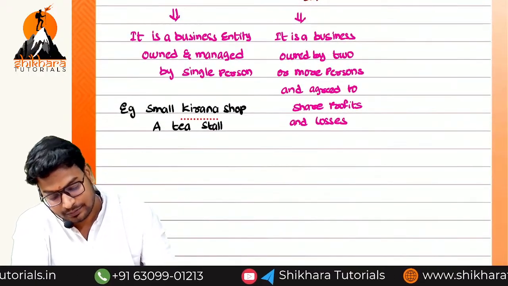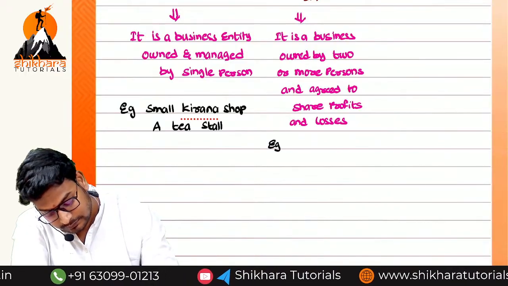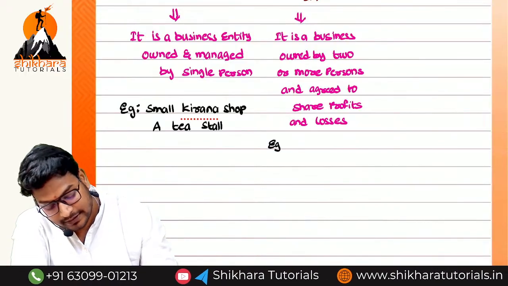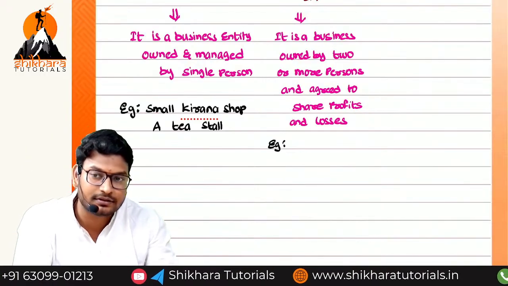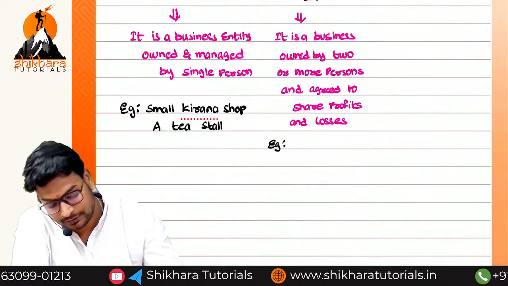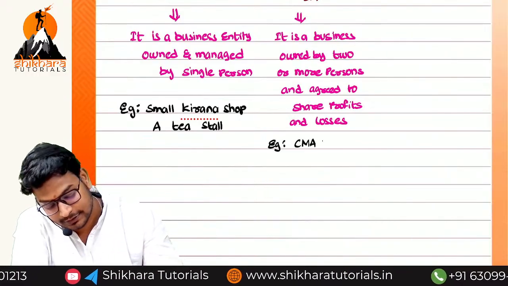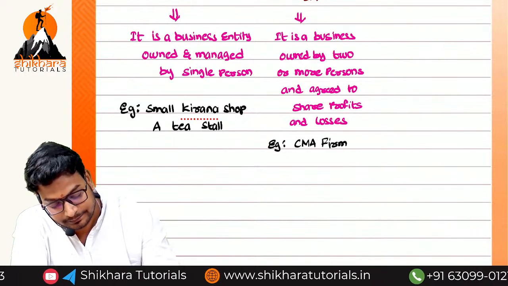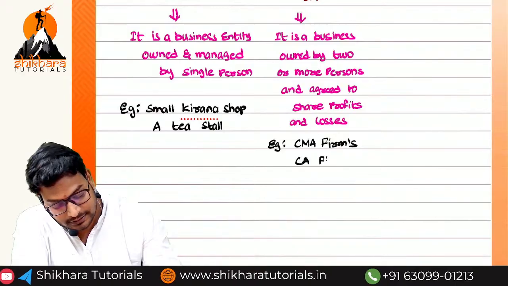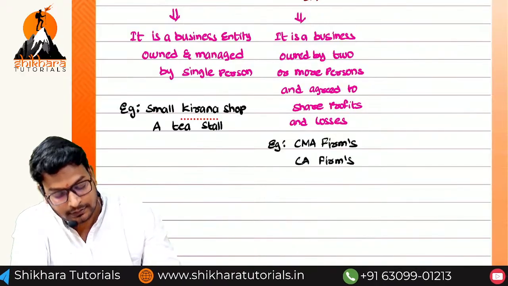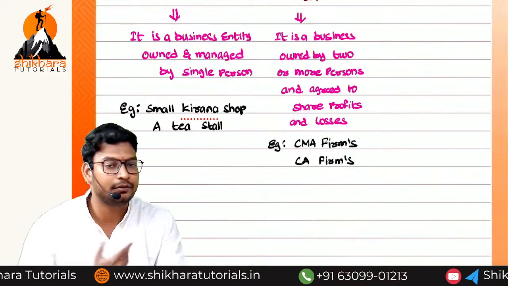Can you give examples of partnership? CMA firms, CA firms, lawyer firms. So we can write first CMA, because we are CMA students. So CMA firms. Next, CA firms. Why can professionals practice only in the form of firms? We can conclude that in today's class.